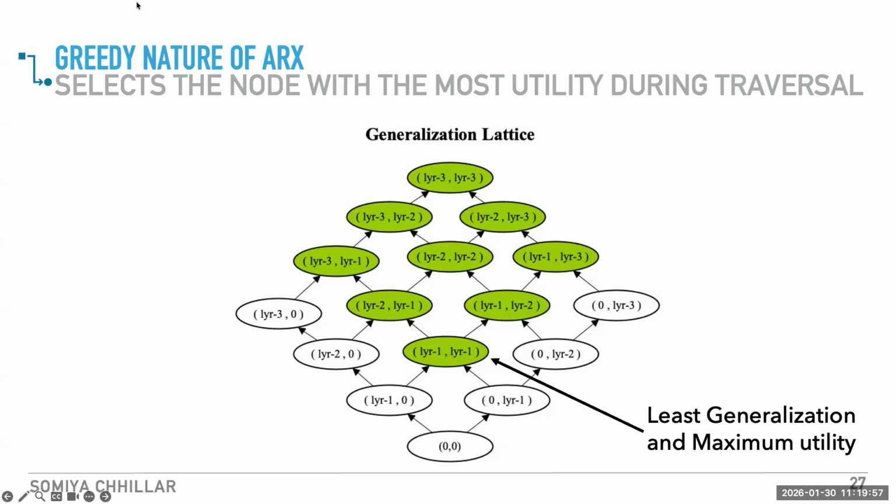Once it's done traversing, it will pick the node with the least generalization or maximum utility. So this means that the ARCS algorithm is picking these nodes in a greedy way. It wants to pick a node with maximum utility. It wants to pick a node with least generalization.